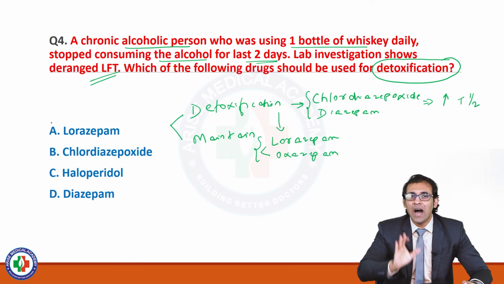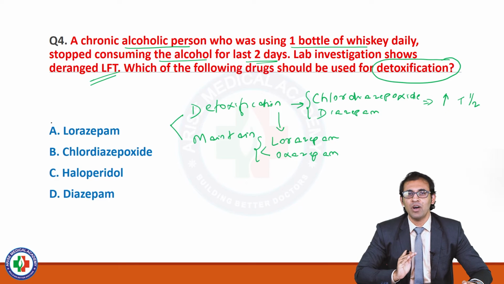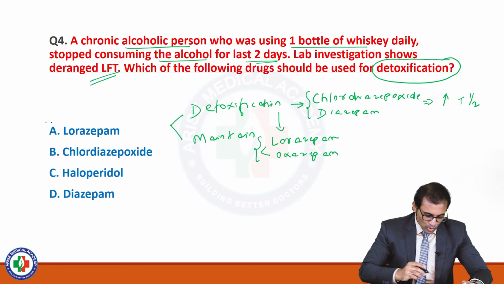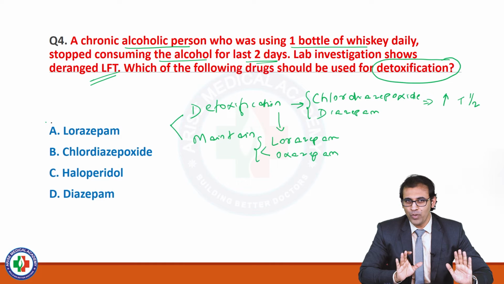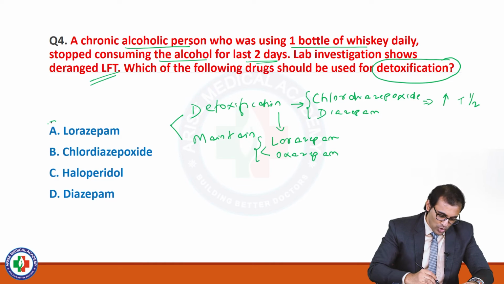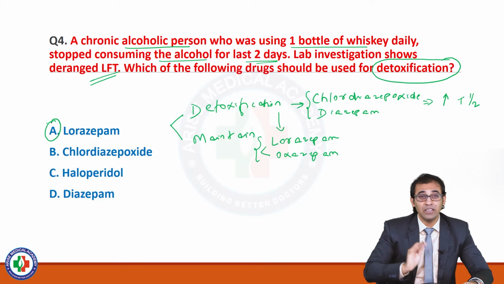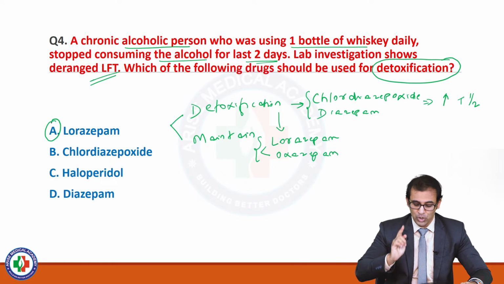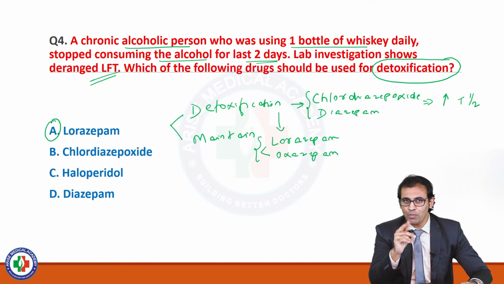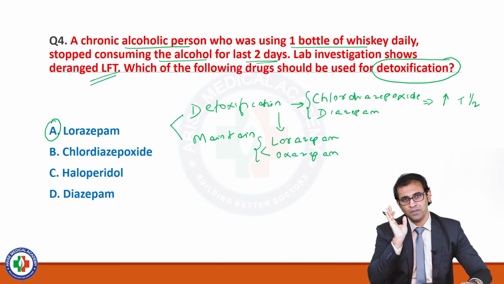So these two are safe in a liver-damaged patient. Out of these four options, what should be the best management here? You are going to use lorazepam. This is a repeatedly asked question. You can be confused by chlordiazepoxide, but remember, if LFT is normal, you can use chlordiazepoxide. If LFT is abnormal, you have to use either lorazepam or oxazepam.